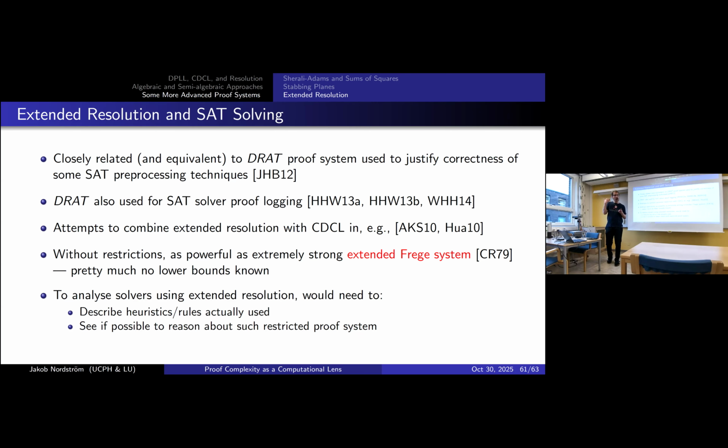Which raises the question, then why don't we base SAT solvers on extended resolution? And the answer is people have tried, but it's hard to get it to work. It's hard to get a good heuristic for when to introduce variables. And it's also hard to get the SAT solvers to pay attention to these new variables and branch on them in a good way.